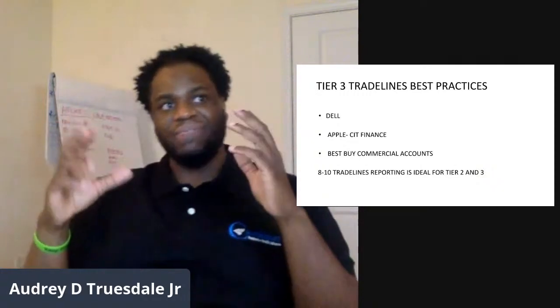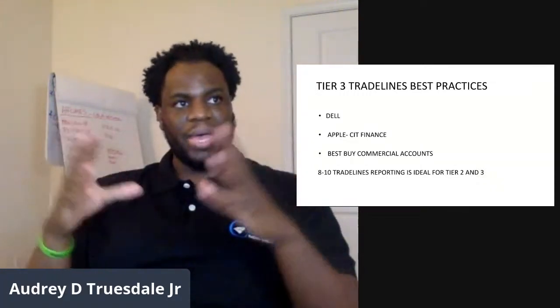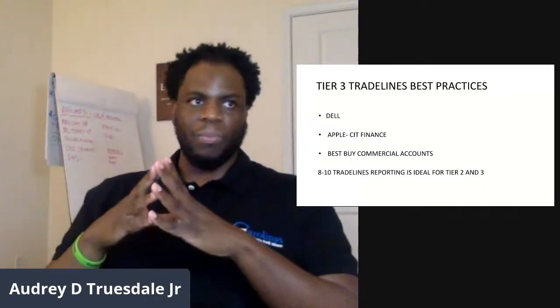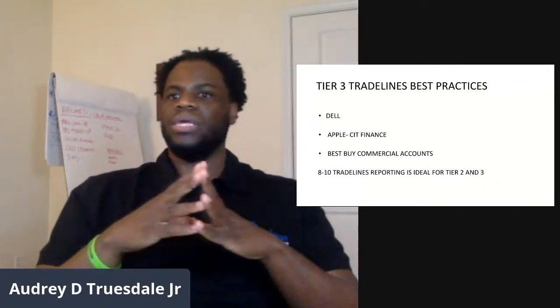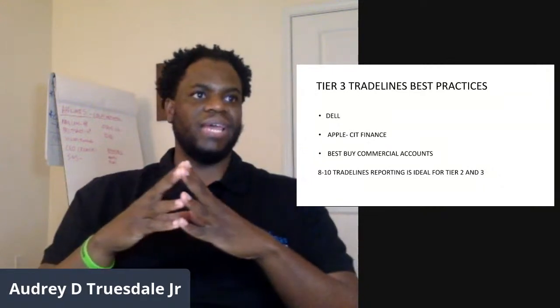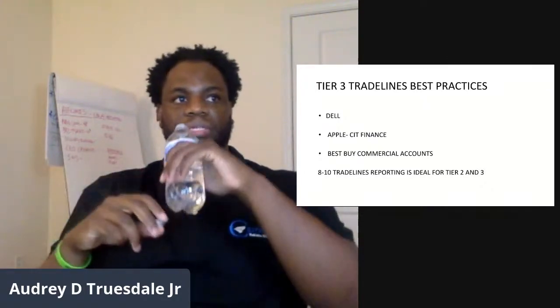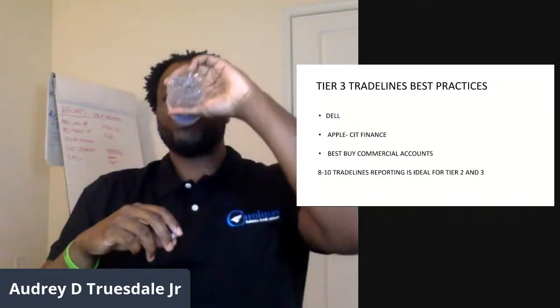Apple CIT Finance. So if you want to get some computers, iPads, iPhones, Apple products for your business, if you want to get a laptop, you can use CIT Finance. They report, I believe they pull personal credit. So that one may not be no PG. I'll get some data on it and report back.